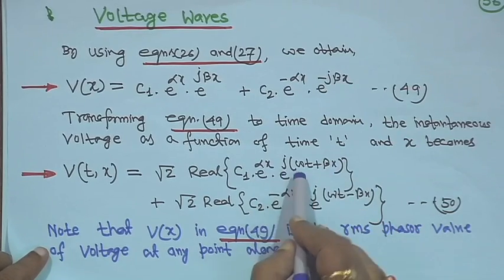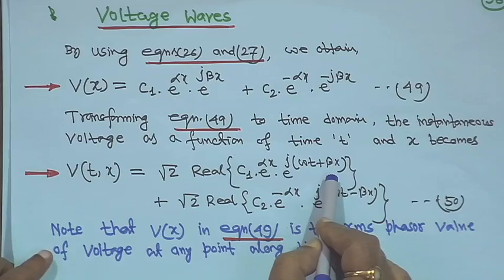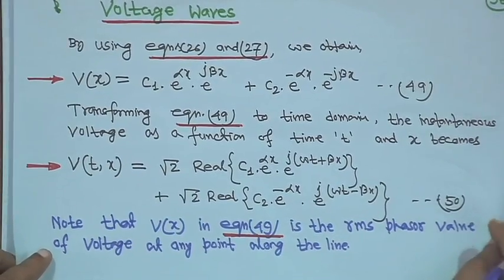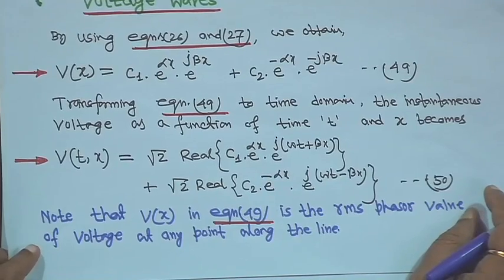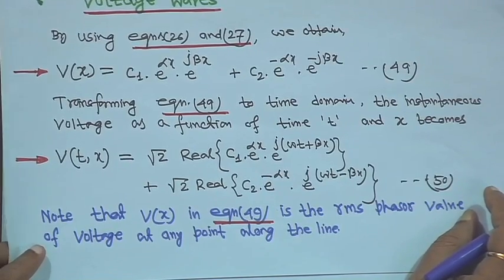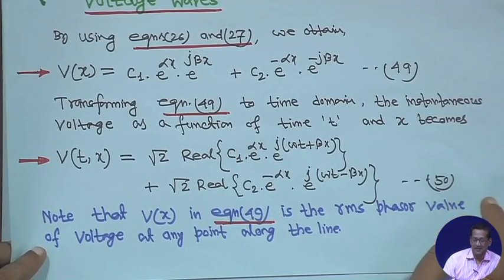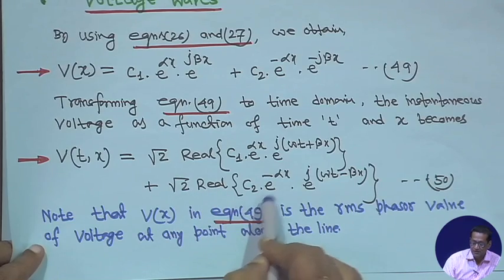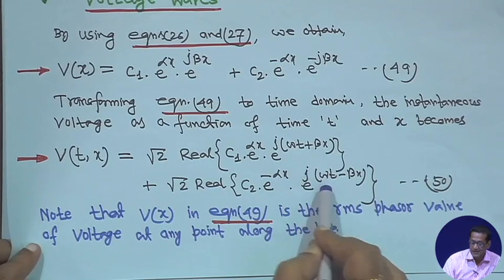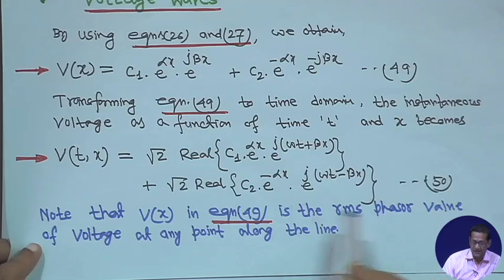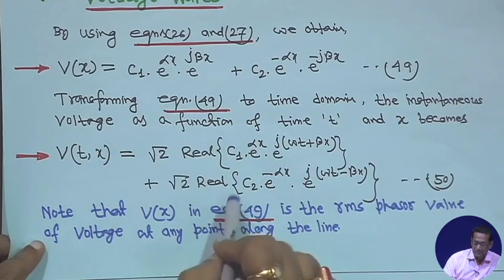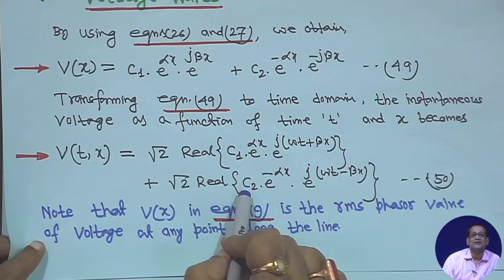Same as what you have studied in AC circuit theory, the philosophy is the same, plus root 2 real part of C 2 e to the power minus alpha x into e to the power j omega t minus beta x. So, this is how we are transforming this equation into the time domain.